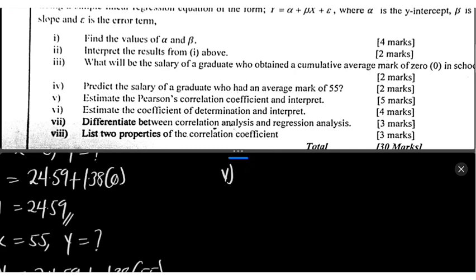So V, we are asked to estimate the Pearson correlation coefficient and interpret.